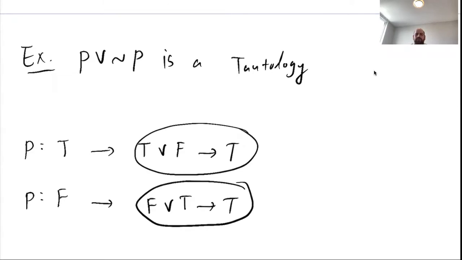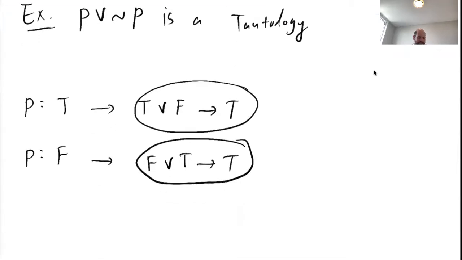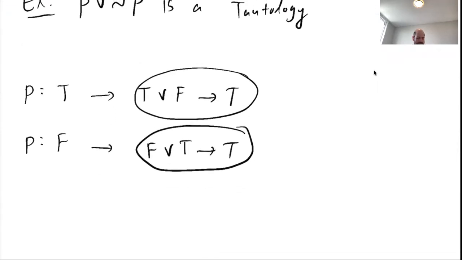For example, if P is "it's raining today," negation P is "it's not raining today." So "it's raining today or it's not raining today" is always true. So this is a tautology.